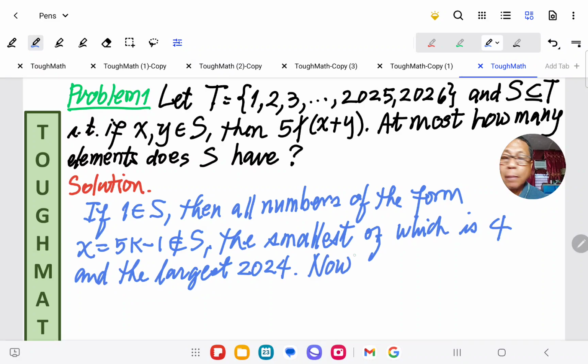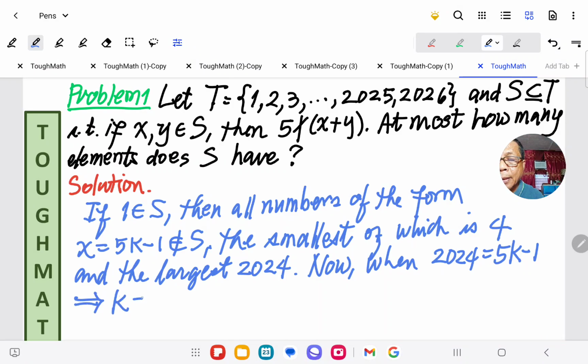Now, when 2024 is equal to 5k minus 1, this gives us k equals 405.